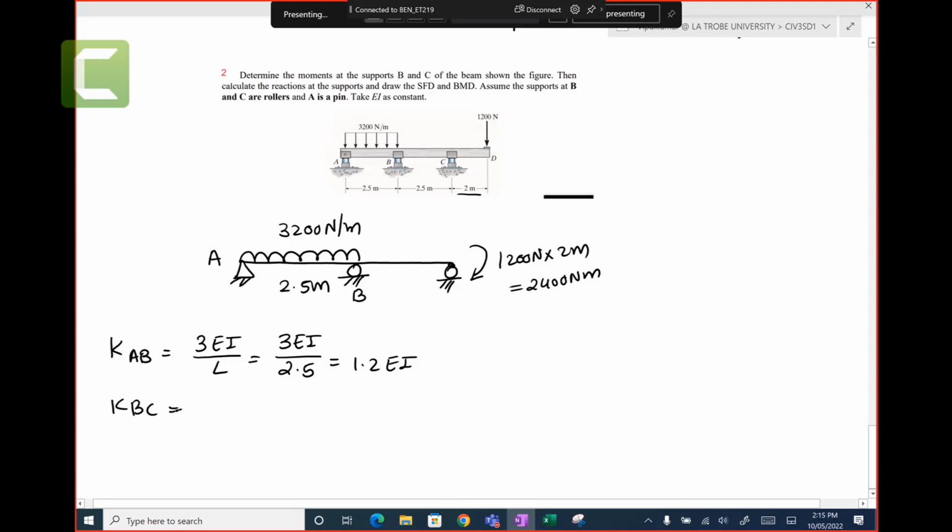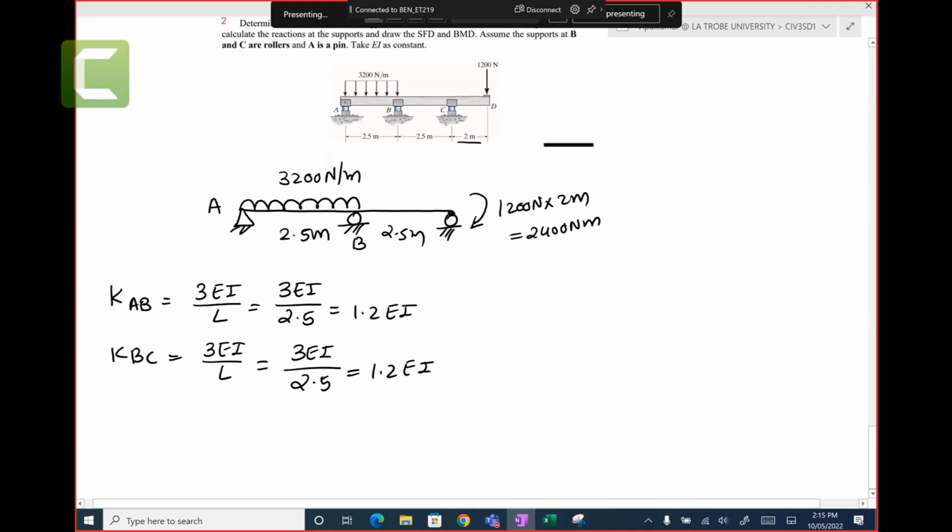Stiffness of BC, the far end is spin or roller, 3 EI, and this is 2.5 meters, 2.5, 1.2 EI. Both are equally strong. Right? Same length, same EI, stiffness is same.